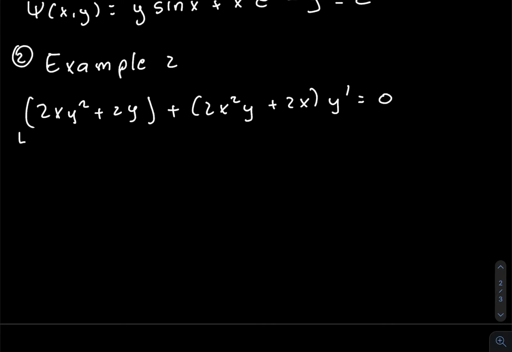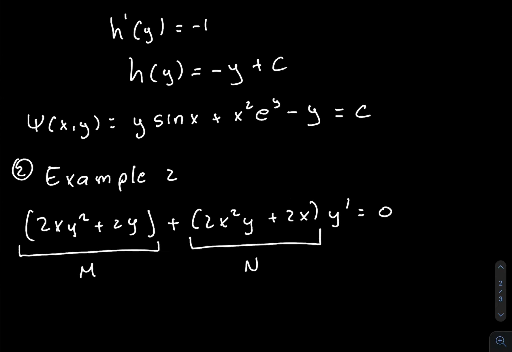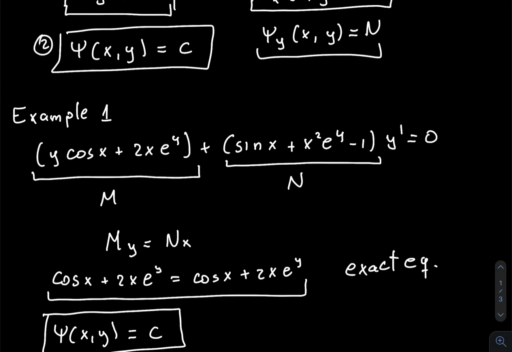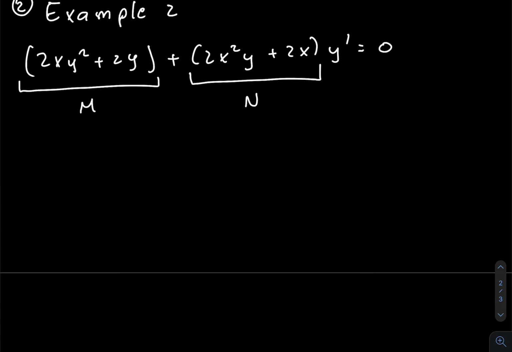Again, we can say that this part is just equal to M, and this part here is equal to N. Now we need to verify if they're exact. Let's go back to see how we verify that they're exact. We need to verify that M_y is equal to N_x.